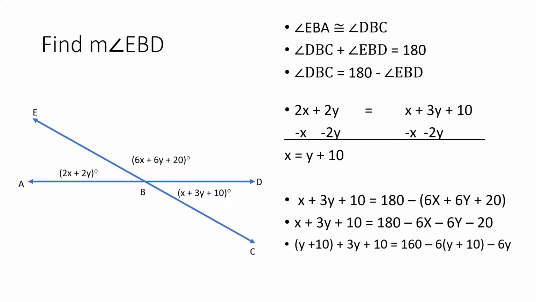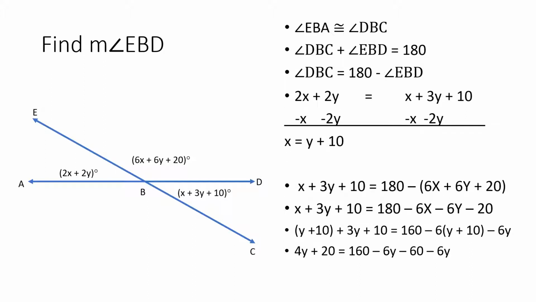Now that we have all of the x's out of here, we're going to be able to easily solve for y. The equation simplifies somewhat to 4y plus 20 is equal to 160 minus 6y minus 60 minus 6y. That's ultimately going to turn out to be 16y is equal to 80.